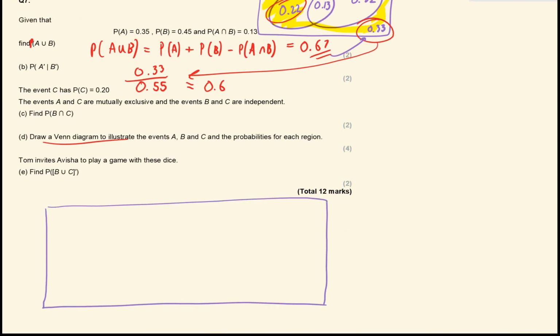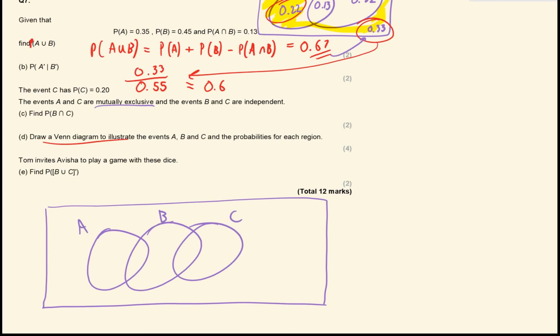So a key thing with mutually exclusive events is they cannot both happen. Think back again to rolling a 3 and a 4 on a dice. You can't have them both at the same time. So if events A and C are mutually exclusive, that means they have no overlap. Their Venn diagrams should not touch. So it's going to look something like that for A, B and C.